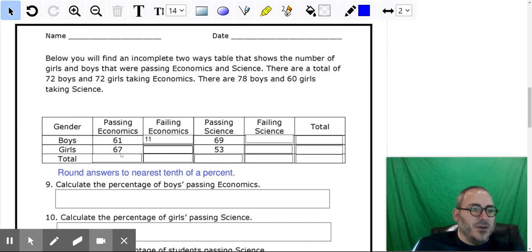I can do the same thing with girls and economics, right? 72 total girls taking economics, 67 of those are passing. So 72 minus 67 is the girls that are failing economics. So a 5 goes in there.